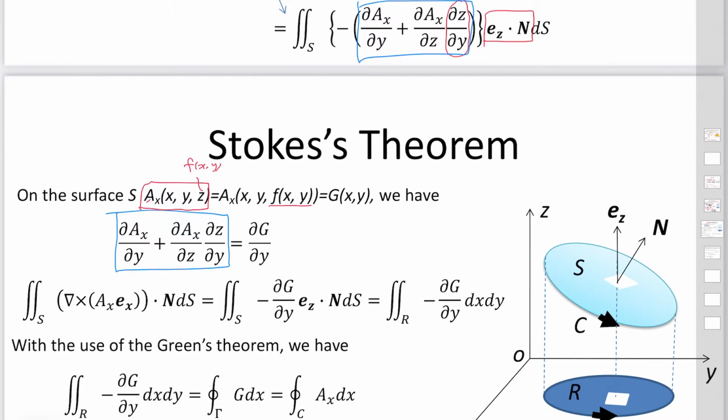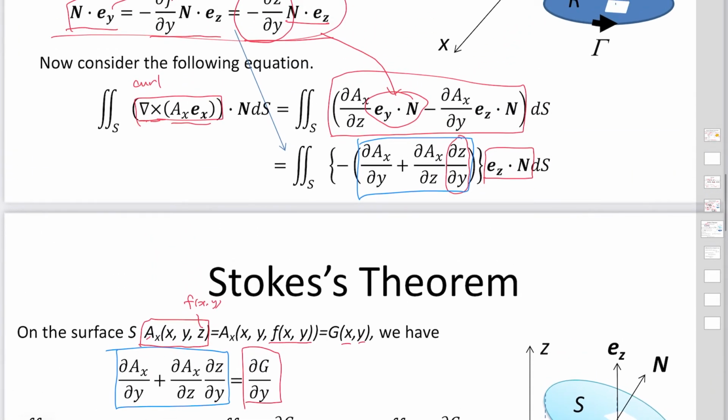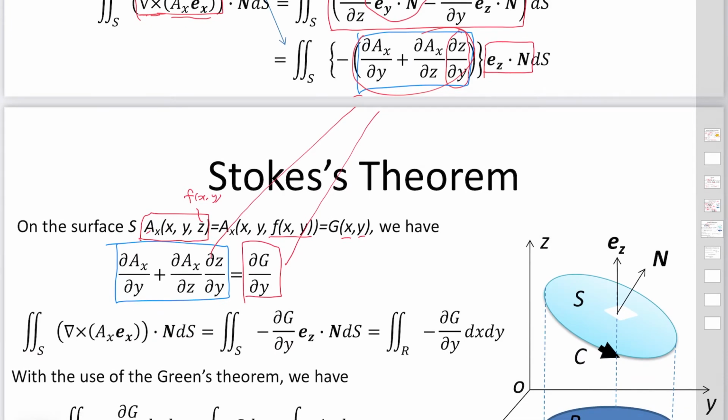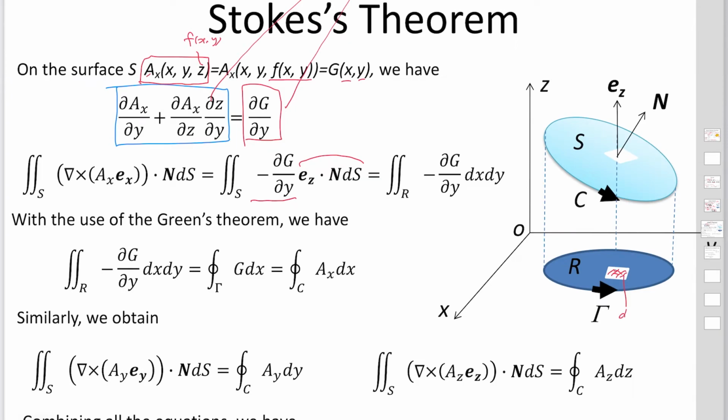If you substitute z equals f(x, y), then a sub x is a function of x and y only. The left hand side, if you use a capital Z, is equal to ∂z/∂y. So these terms can be expressed using g. It becomes these equations. And this corresponds to dx dy.